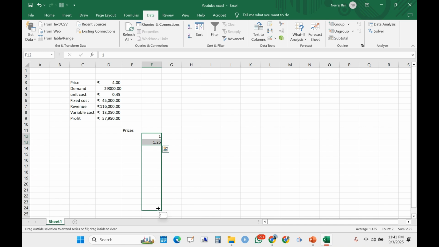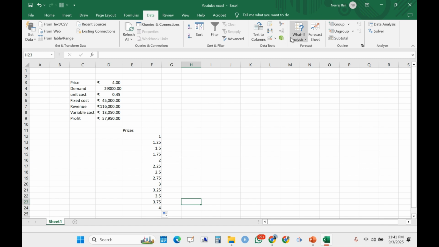Till, let us say, till 4. For these prices, I want to know what you would like me to calculate. So I want you to calculate for rupee 1, 1.25, 1.5, all these price ranges. I want to see the change in this price, how it impacts.